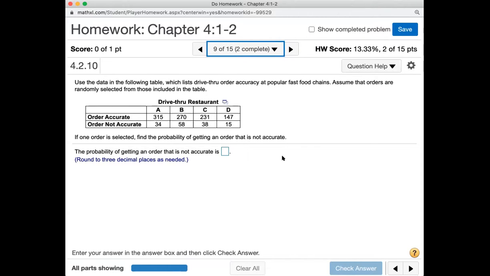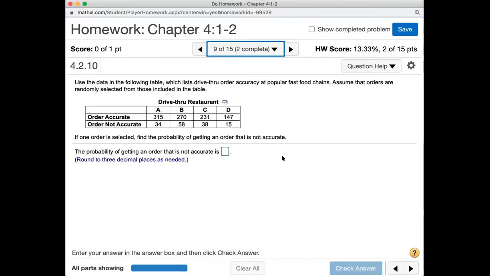Problem number 9. We have a similar table showing accurate and not accurate orders at drive-through restaurants A through D, but the numbers are different from the other problems. If one order is selected, find the probability of getting an order that is not accurate.